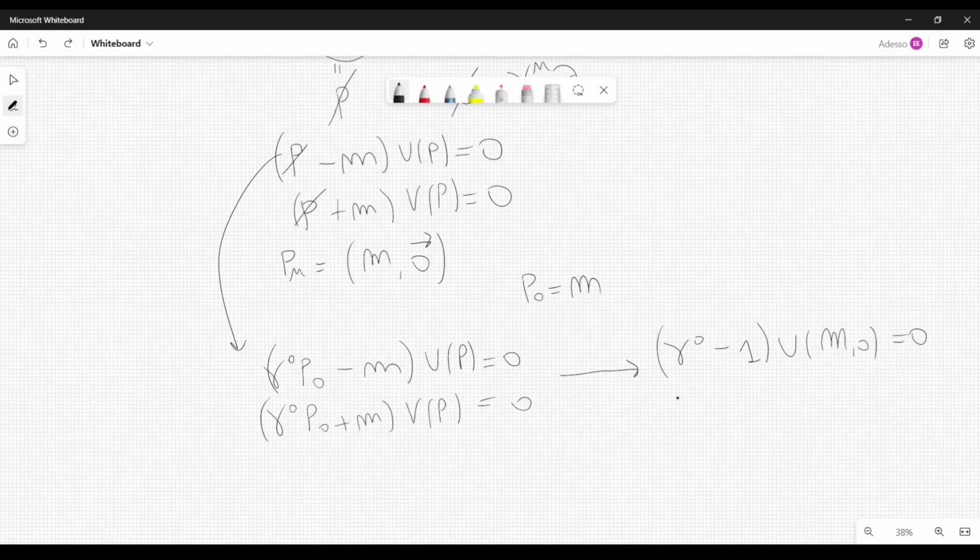Then we have gamma 0 plus 1 v of m0, and this 0 here and here is a vector actually, so I could put also this arrow to denote that it is a vector, but it is not really important as long as we understand each other. And this is equal to 0, like this.